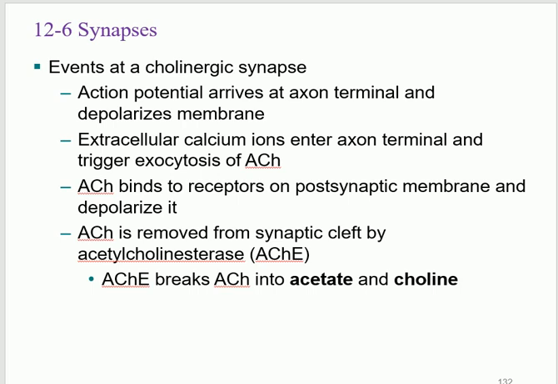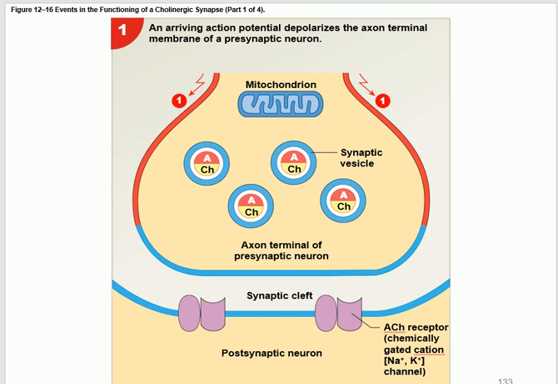What exactly happened? I talked about it right here. Do you guys remember this? Action potential comes. When the action potential reaches the synaptic knobs or the synaptic terminals, what's the first thing that will happen?